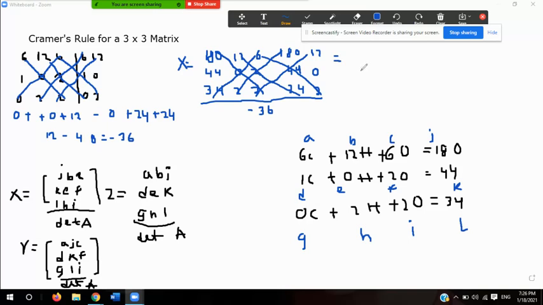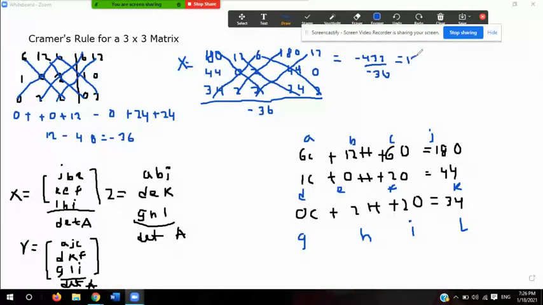So our final answer when we look for the determinant of this value is actually negative 432 over negative 36, and that is going to be positive 12. So this is going to equal 12.